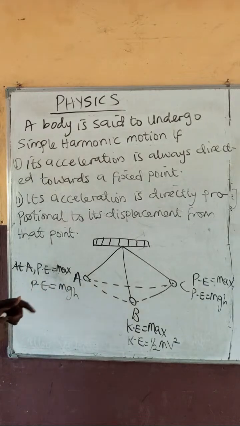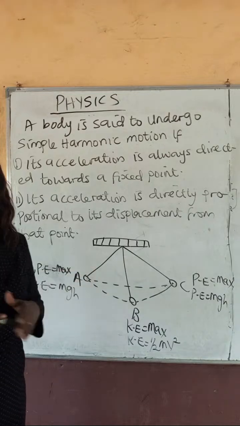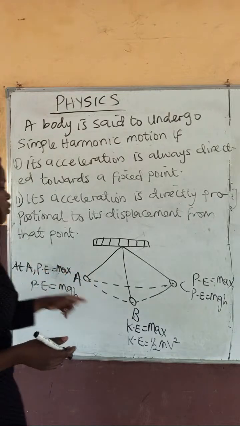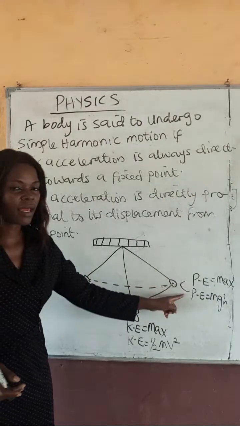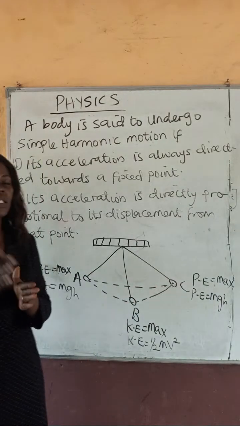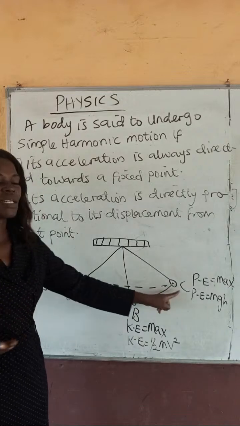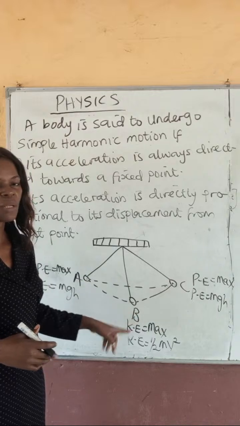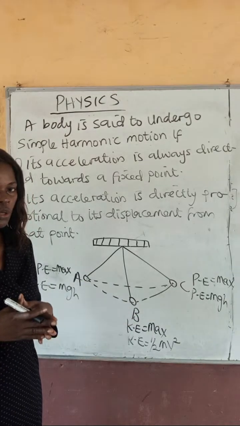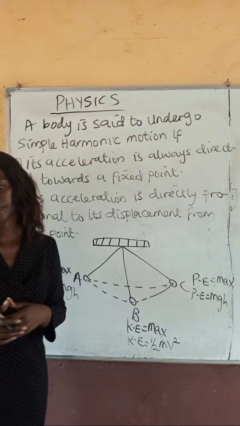So this is also an example of simple harmonic motion when a body moves to and fro. At these two ends, C and A, the potential energy is at its peak because the body will reach this certain point and then return to the other point. But at B, the body is always in motion. Do we understand?